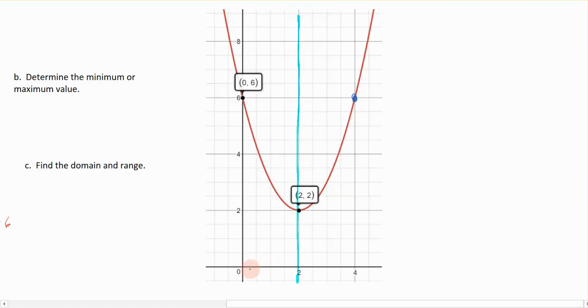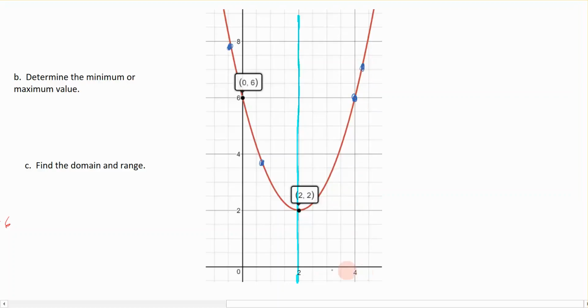And when I say that, I'm saying that if I choose an x value here on the x-axis, that would have a corresponding y value and therefore a point on my graph. And I could choose a value over here on the x-axis, and if I followed that up, there would be a corresponding value on my graph. Likewise, if I'm over here on the x-axis, I could follow it up and there would be another point on my graph.